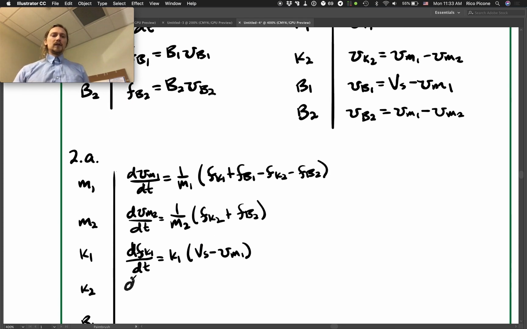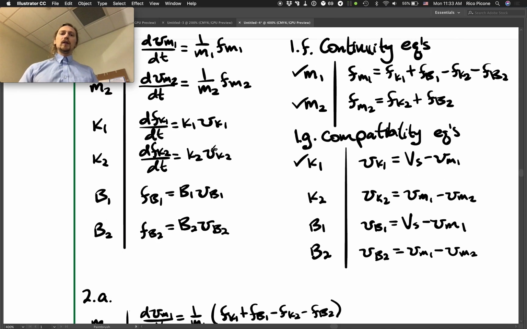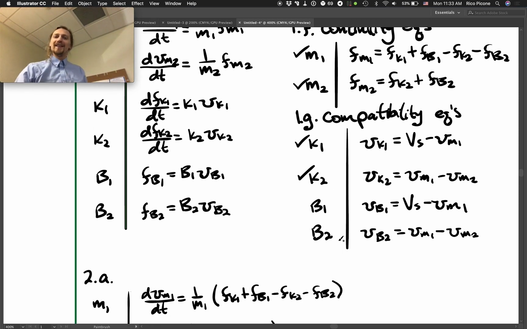And we can move on to dFK2/dt equals K2 times VK2, but we've got a compatibility equation for that. Notice that we're going down this list. That's kind of an accident. That doesn't always happen. We don't always get to go straight down continuity through compatibility equations. That is just kind of a nice thing to happen, so don't get too enamored with that.